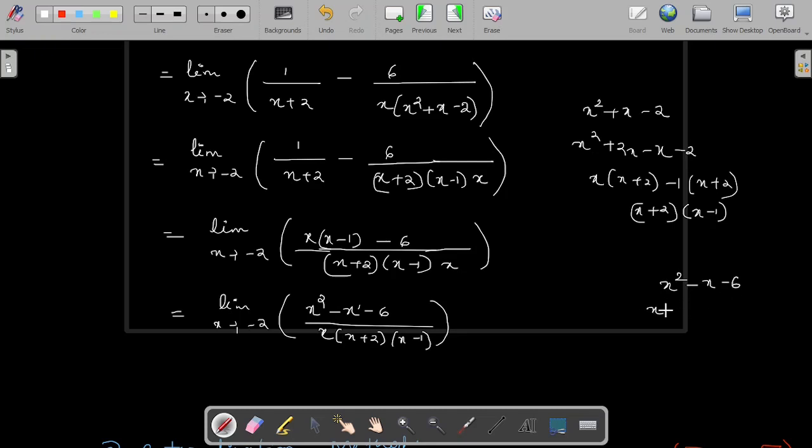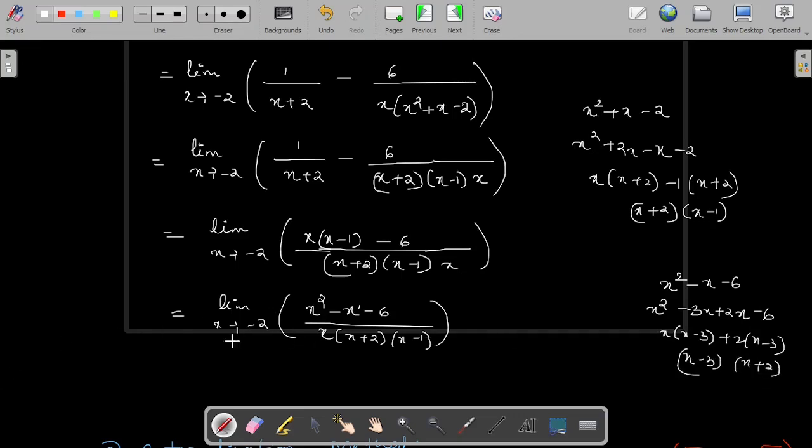So you have to factorize this also. x square, 3 2s are 6, minus 3x plus 2x minus 6. So 3 2s are minus 6, minus 3 into 2 is minus 6, then minus 3 plus 2 is minus 1. x into x minus 3 plus 2 into x minus 3. So x minus 3 into x plus 2.